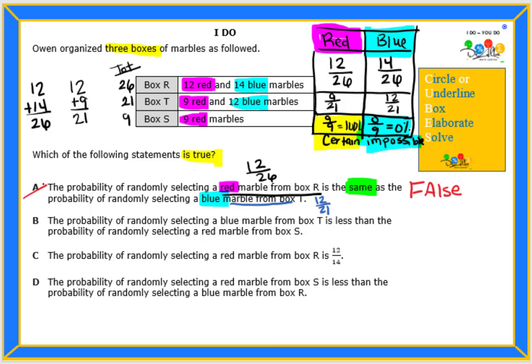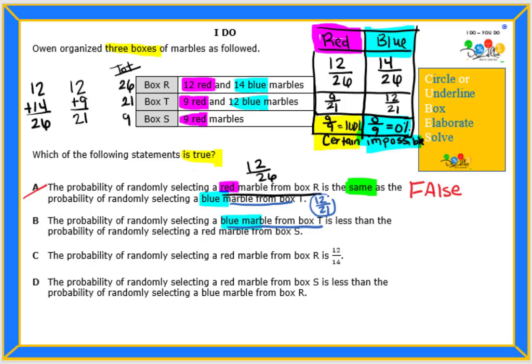Okay, let's look at our next statement. The probability of randomly selecting a blue marble from box T. So let's look at box T. For blue, again, we got 12 over 21.